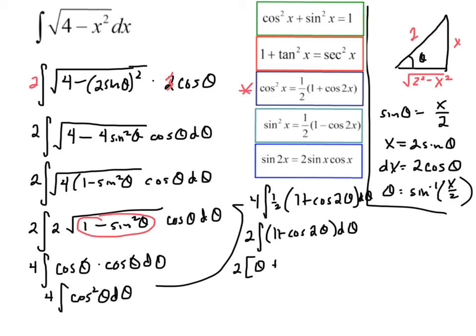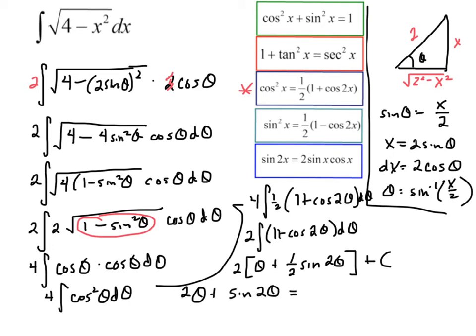The antiderivative of cosine of 2 theta is 1/2 sine of 2 theta. Okay, so I multiply the 2 in from out front, and I have 2 theta plus sine of 2 theta.